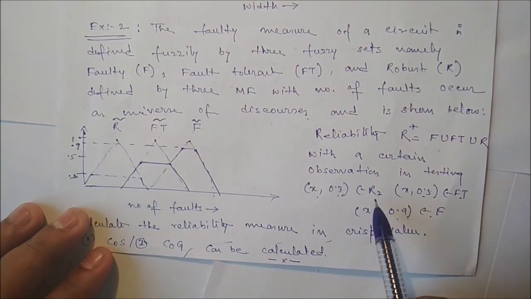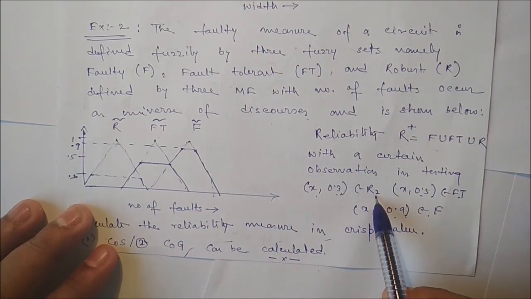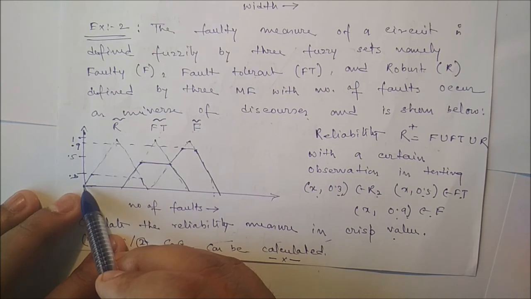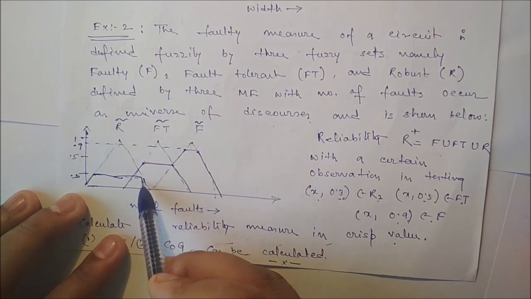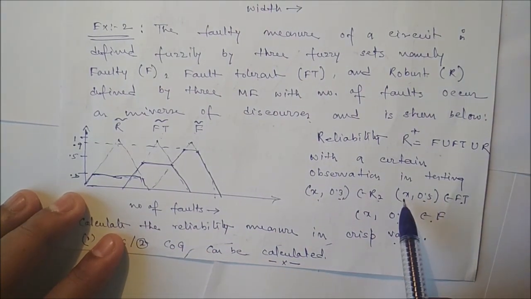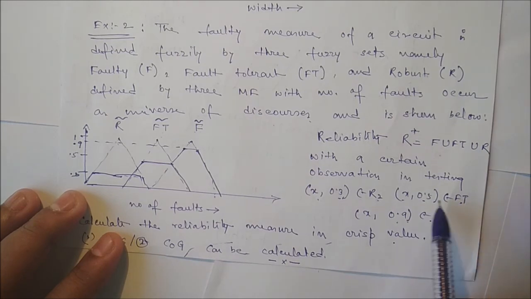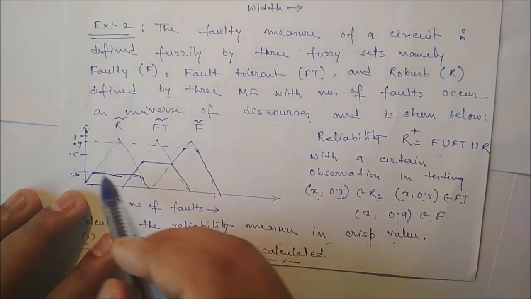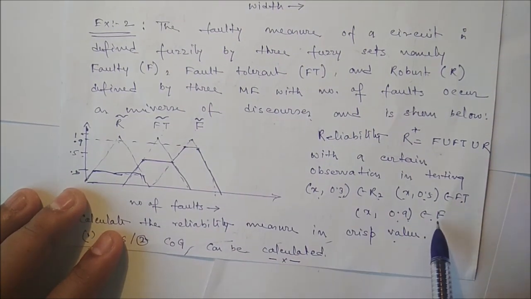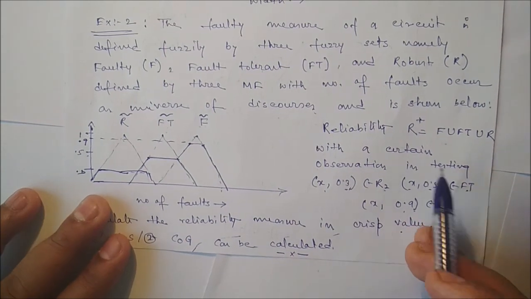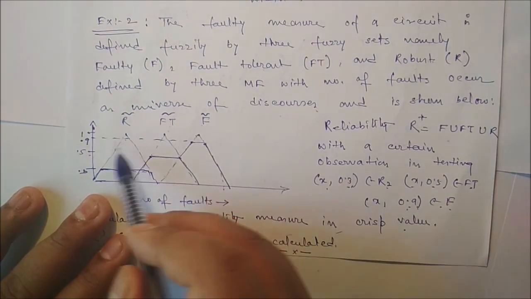In this particular reliable fuzzy set, the value is 0.3, only this particular part. Inside fault tolerant, the value x is 0.5, and inside faulty, the position of x is 0.9, somewhere here.